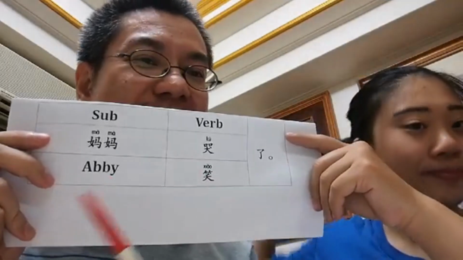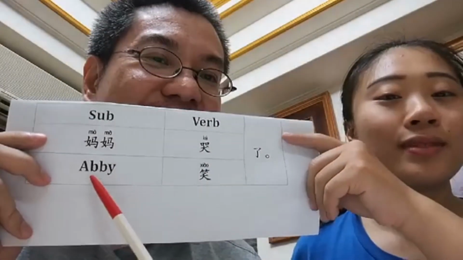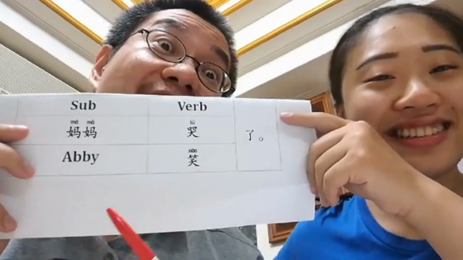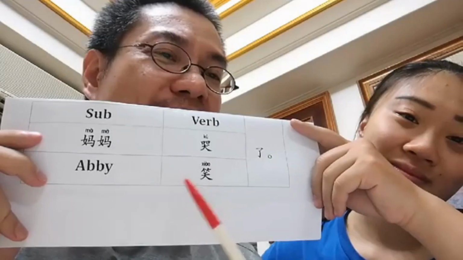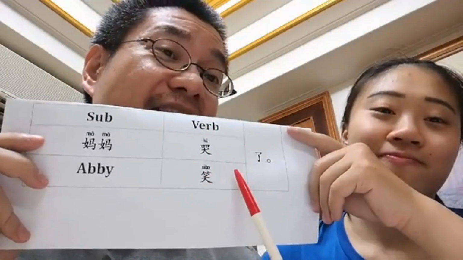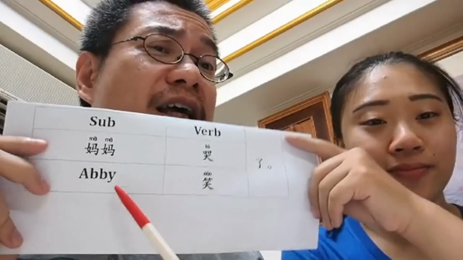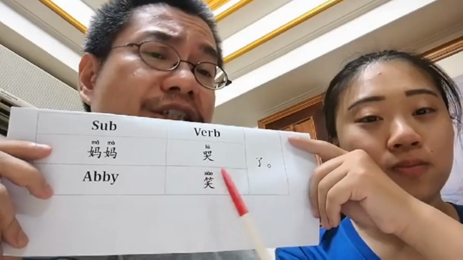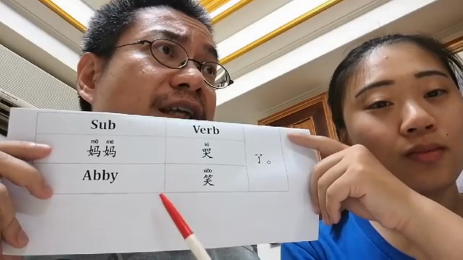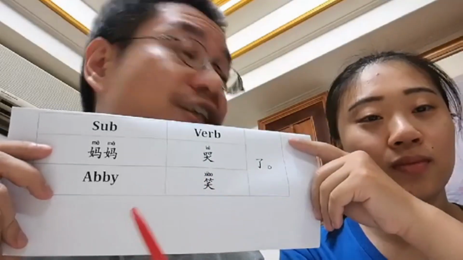Okay, so what's the next sentence? Abby 笑了, which means Abby smiled. Like the past tense, or like Abby has smiled, like the perfect tense. So that means Abby has already done this action.